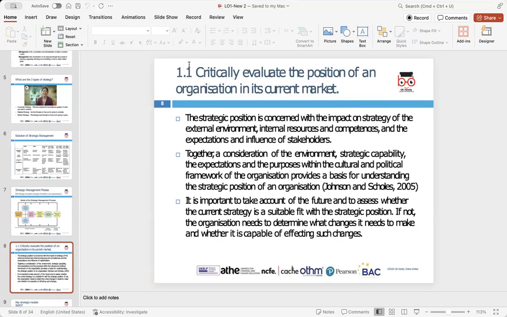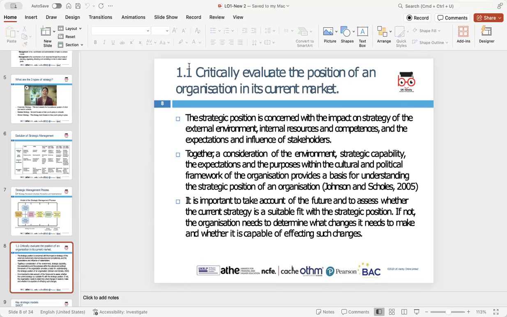Right. Next, critically evaluate the position of the organization in its current market. Strategic position refers to the impact of the external environment, internal resources and competencies, and stakeholders' expectations on an organization's strategy.